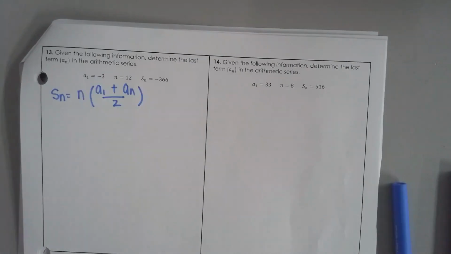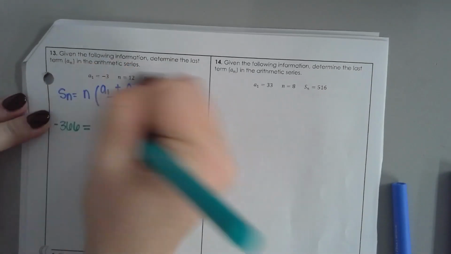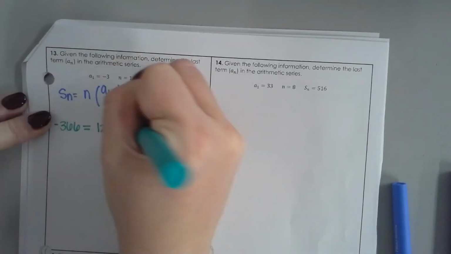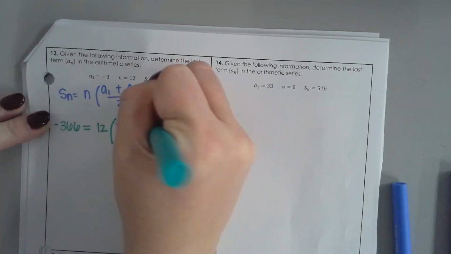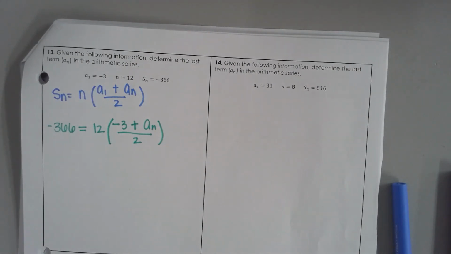So I know SN is negative 366. I know N is... so this time everything is in the fraction. That's what makes it a little harder. You have a few options on what you can do.